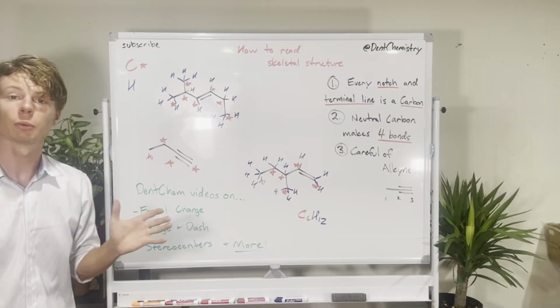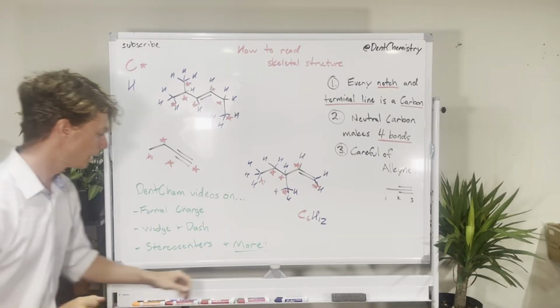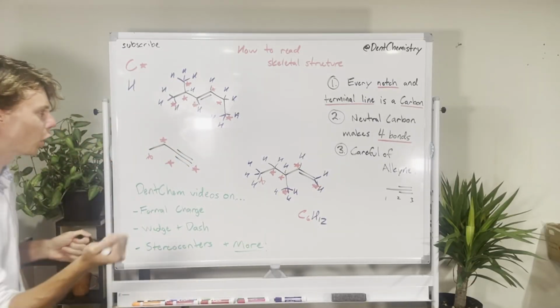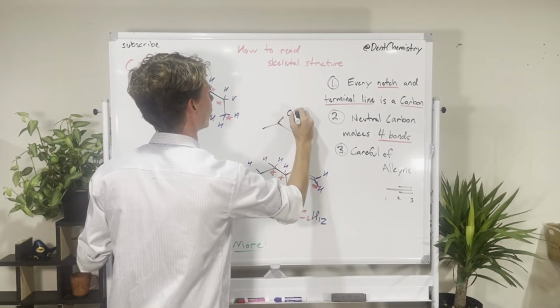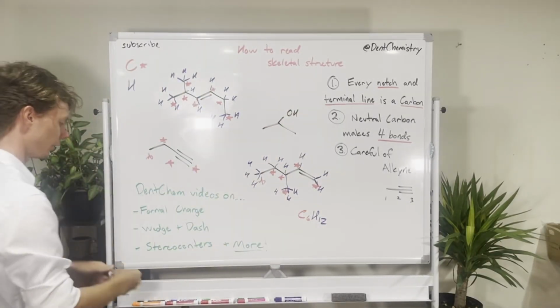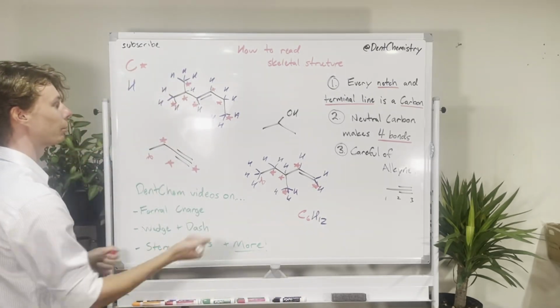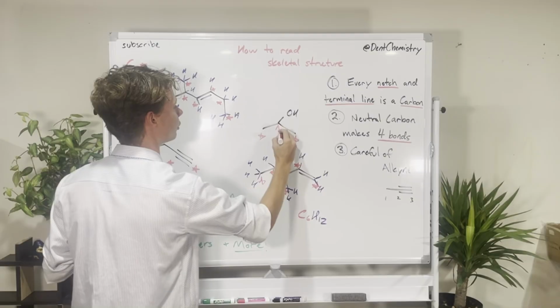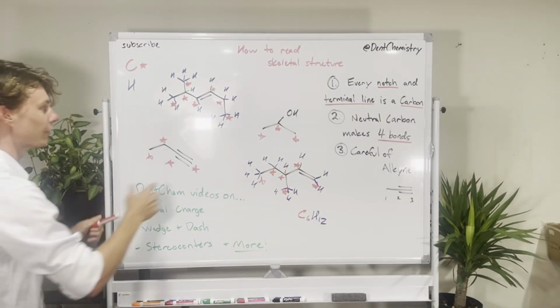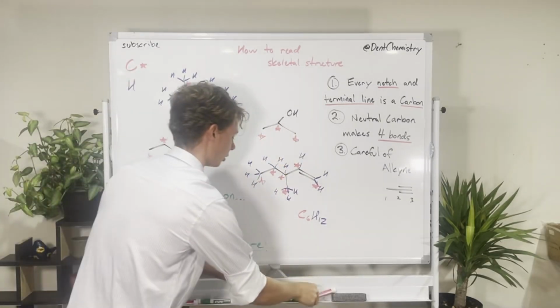Okay, that's how you're going to read skeletal structure going forward. Another quick note, even if you have a heteroatom on something, so let's say I have an OH group on this structure, I can count my carbons just the same, end of a line, a notch in the line. I have a heteroatom here, okay?